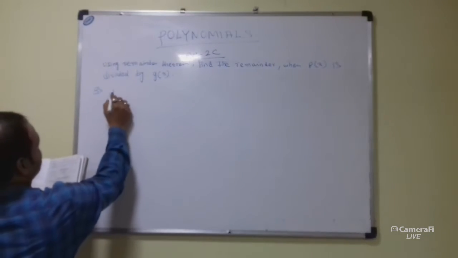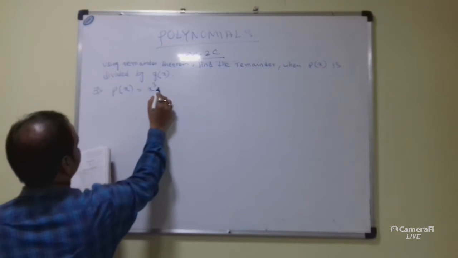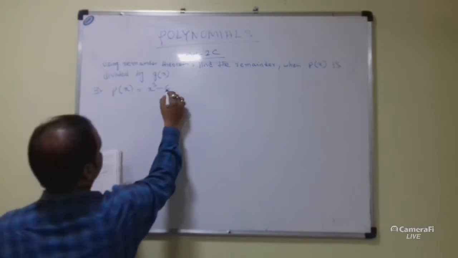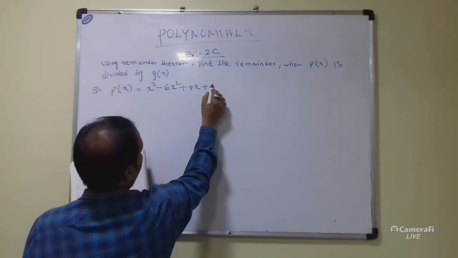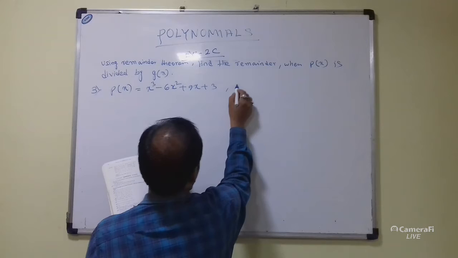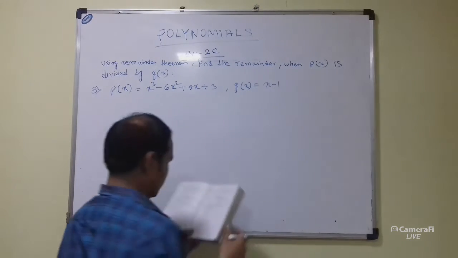The first problem: P(x) is equal to x cube minus 6x square plus 9x plus 3 and G(x) is equal to x minus 1.